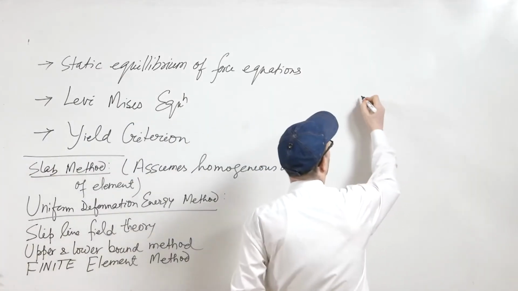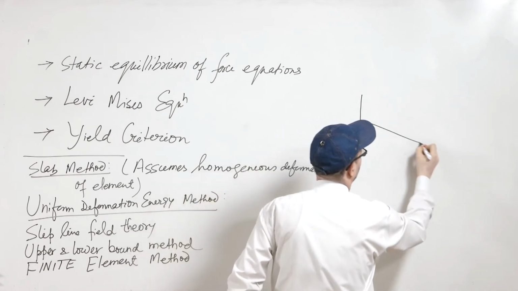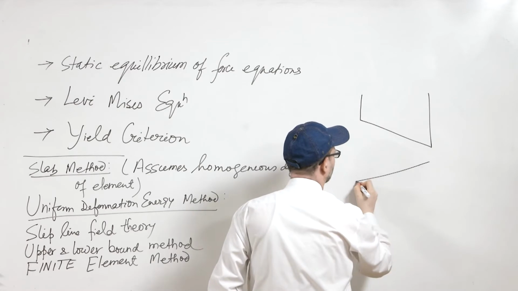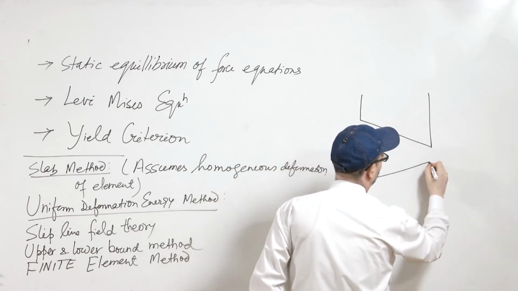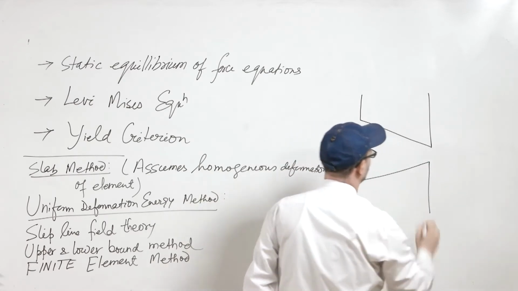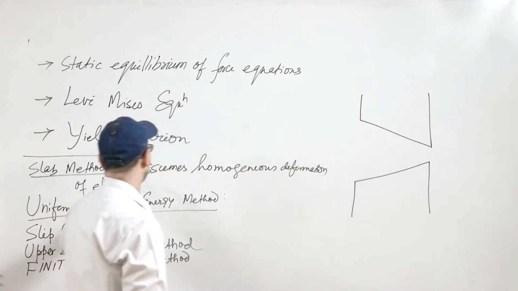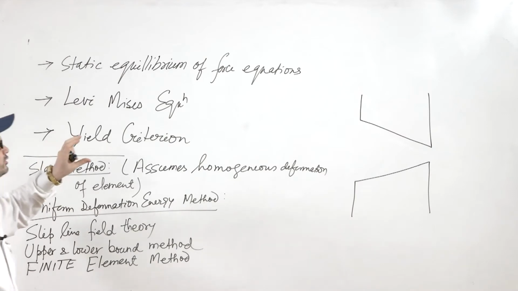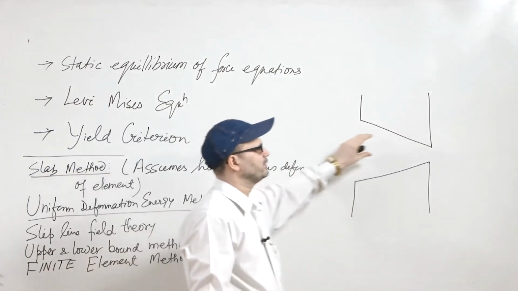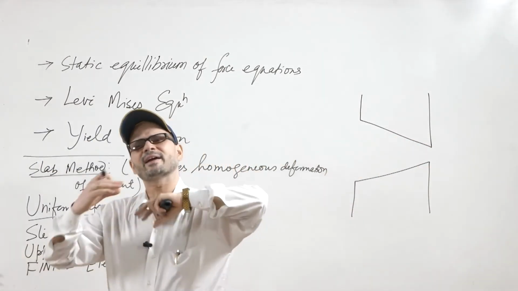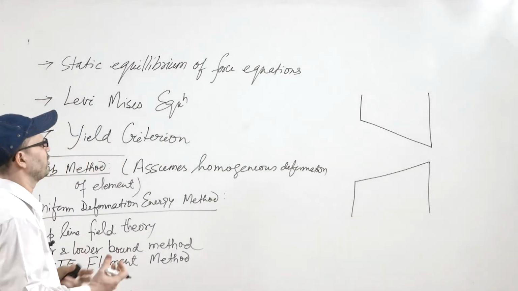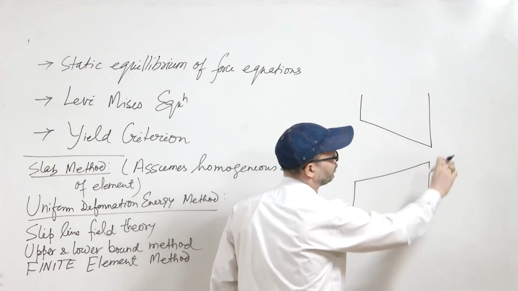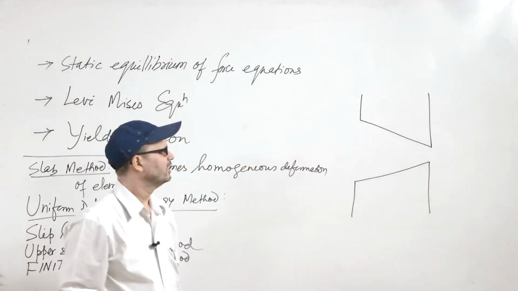Now, what I told you is that in the case of the slab method it is assumed that in the deformation zone there is homogeneous deformation of the element. So a square or rectangular cross sectional element will again be a rectangular cross sectional element after deformation.